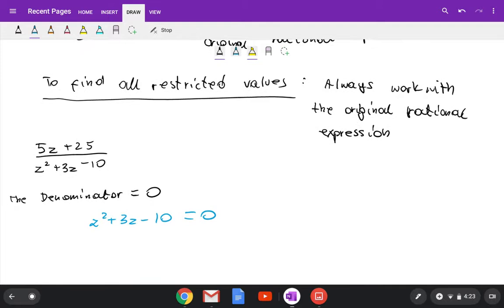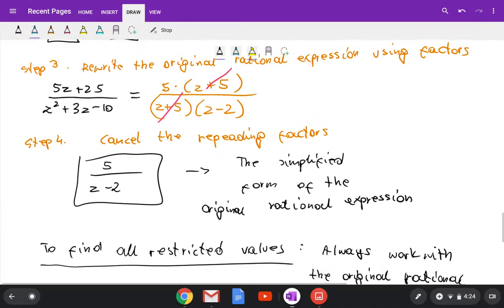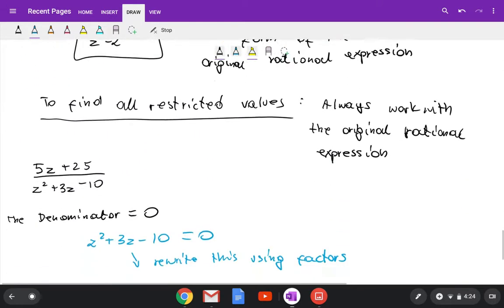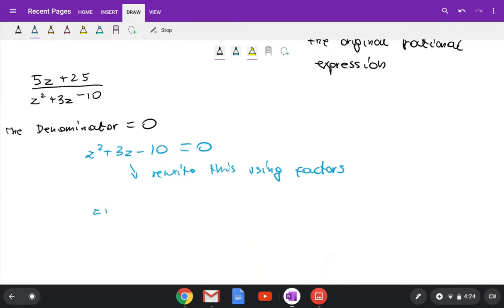So z squared plus 3z minus 10, again, to solve that, rewrite this using factors. We factored that already with the AC method, and we end up with z plus 5 times z minus 2 equals 0.